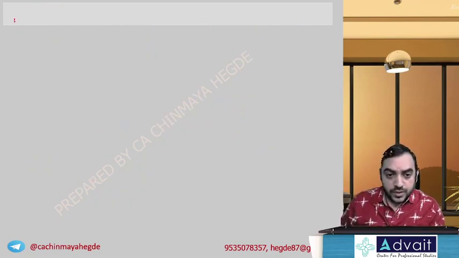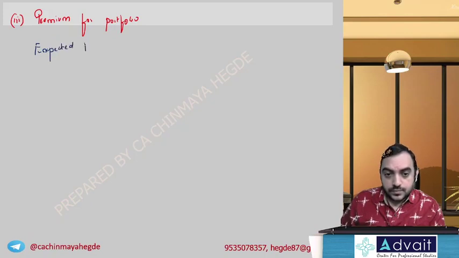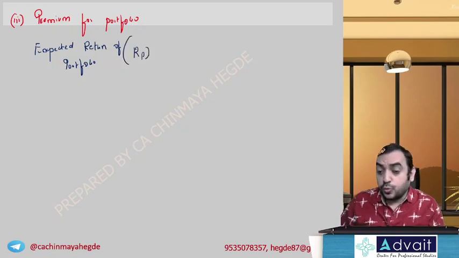So the third part of the question, premium for the portfolio. Okay, so the expected return of the portfolio, that is RP. You are investing in 3 securities, because they are asking for the premium for the portfolio in 2, right?